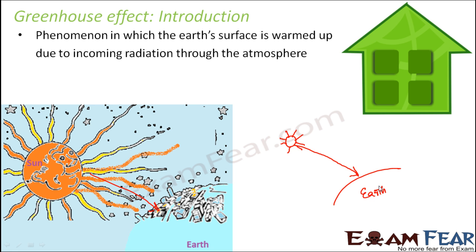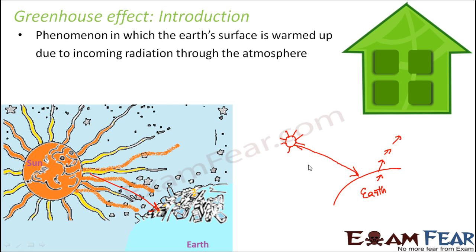Now what happens when the solar radiation is absorbed by all of these? They heat up, right? So the land absorbs the solar radiation and it heats up. The water bodies absorb the solar radiation, they get heated up. So when they heat up, they release heat in the form of infrared radiation, which passes out through the atmosphere into space. So like this would be the infrared radiation which might want to pass out through the atmosphere back into space.